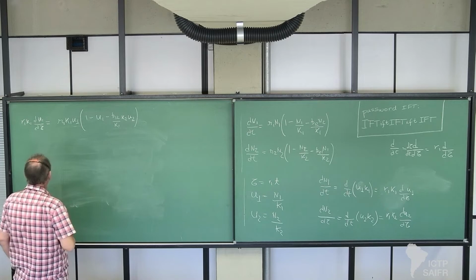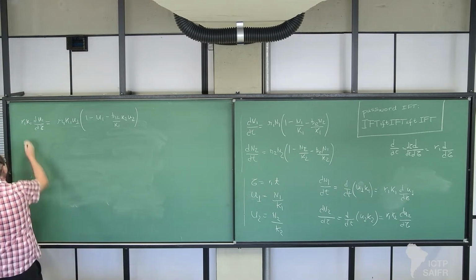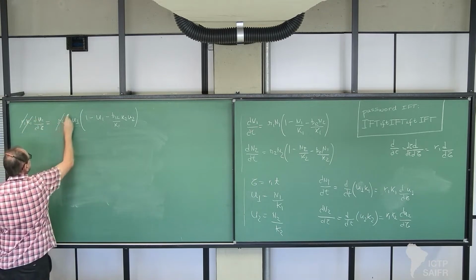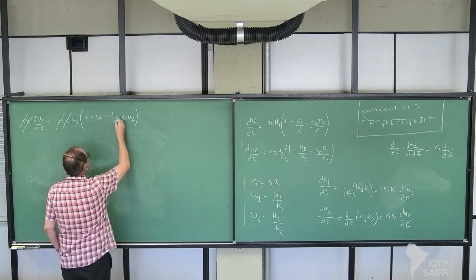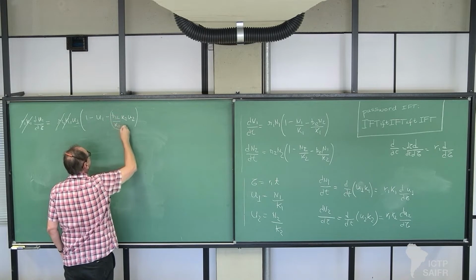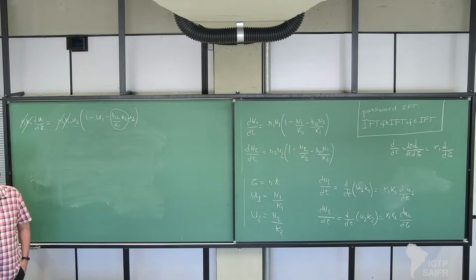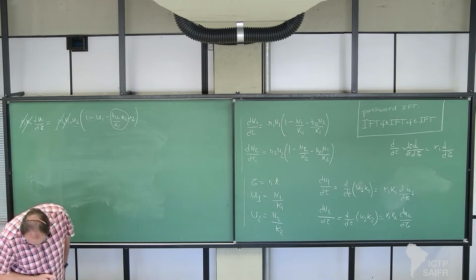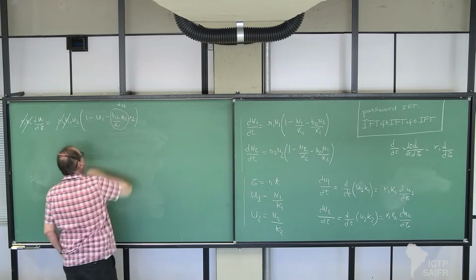Very good. Now, magic happening. This goes with this, goes with this, goes with this. And I will take all this together and give it a new name. The name will be alpha 1,2.